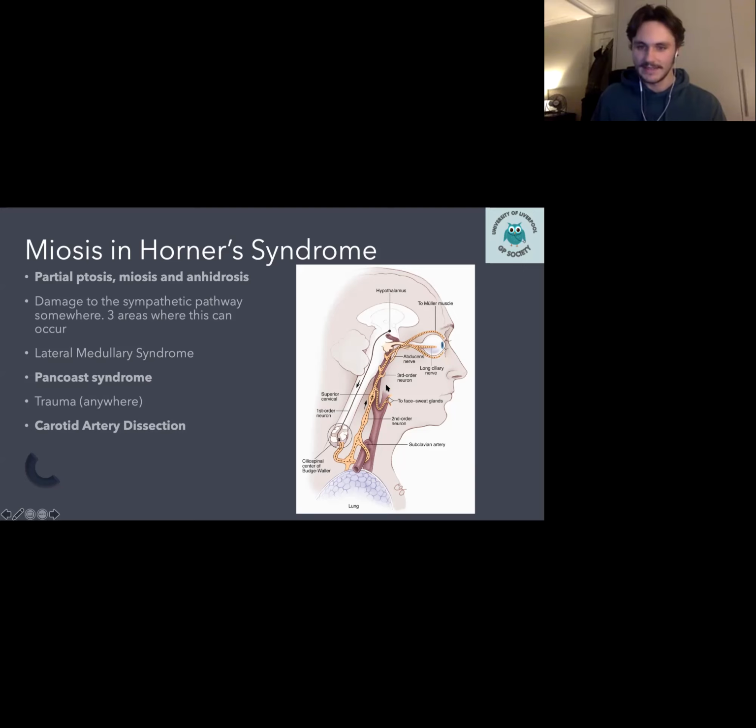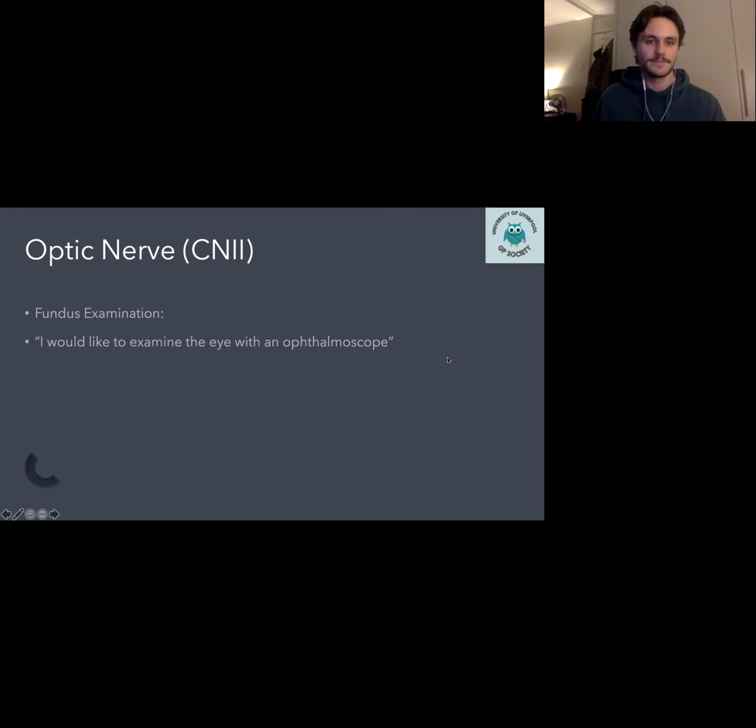It's compressing the 3rd order neuron up here. Cavernous sinus syndrome can cause it equally. Just interesting, if it's a 3rd order neuron, generally, because of the branching of this nerve here, the anhidrosis is absent in the 3rd order.